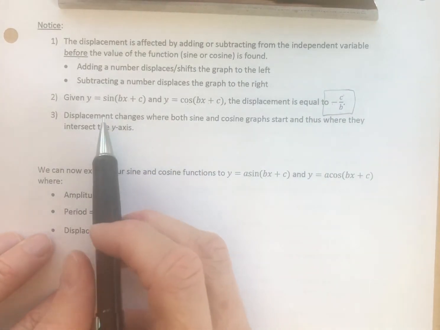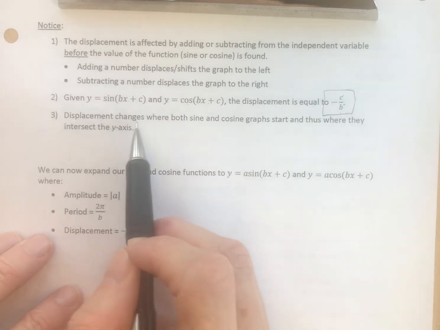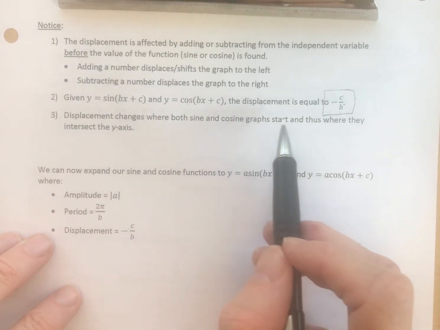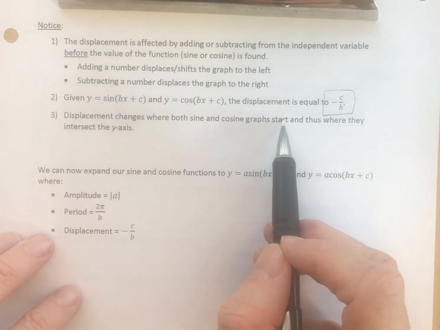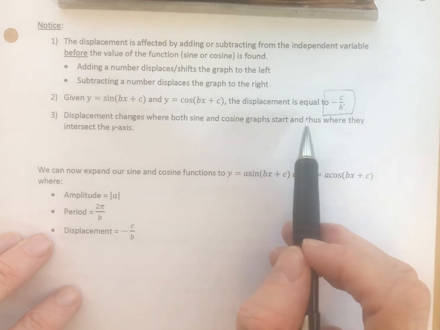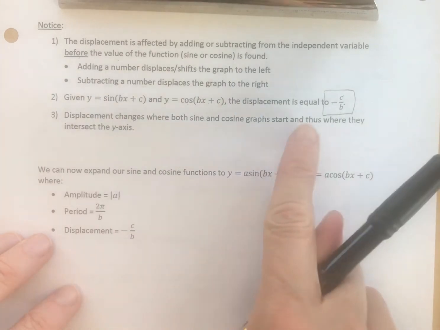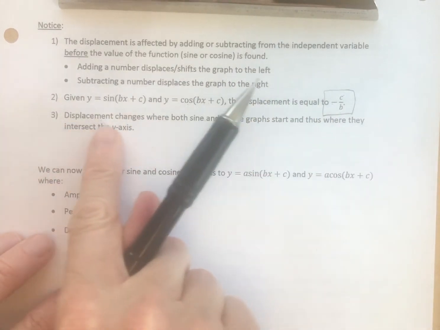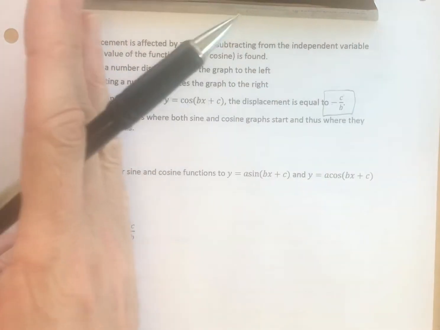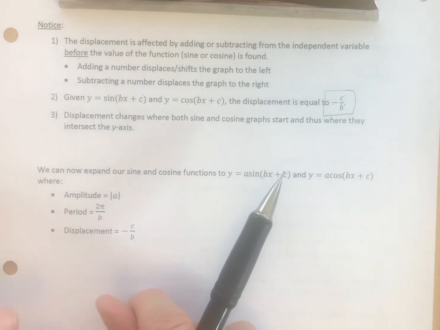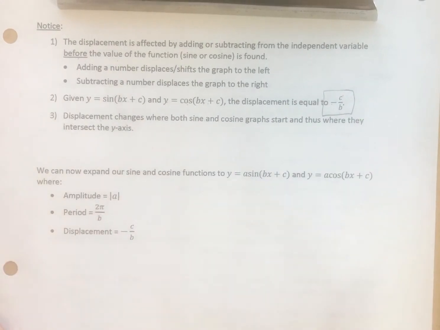Okay? Displacement changes where both the sine and cosine graphs start. So we'll think about where it starts, and thus it changes where they intersect the y-axis. So we've now changed the horizontal, which means we are intersecting the y-axis at a different place.